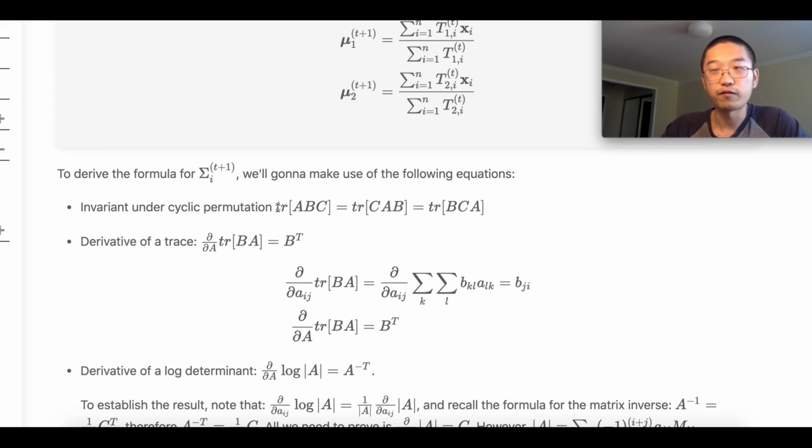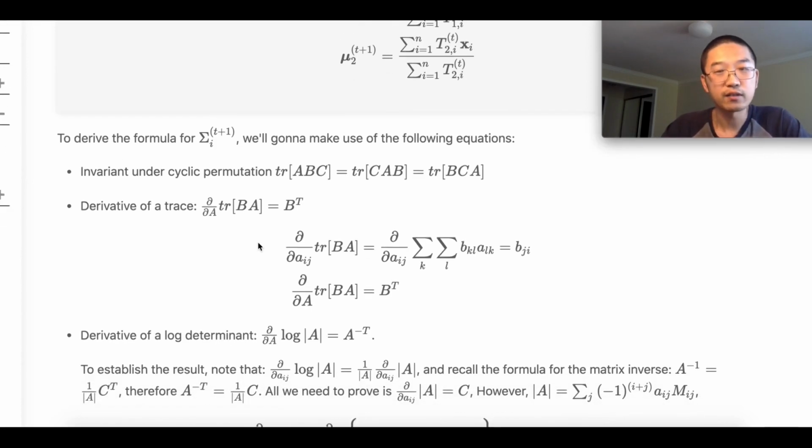The trace of the product ABC, if we move C to the front, is the trace of CAB, which equals the trace of BCA.